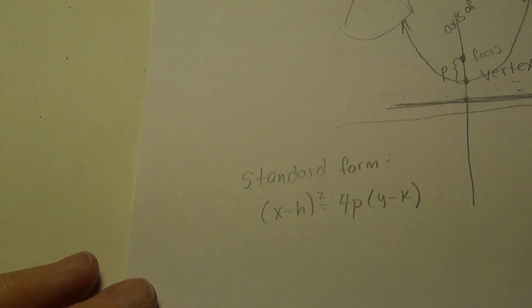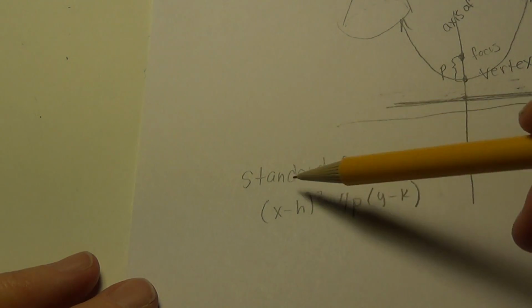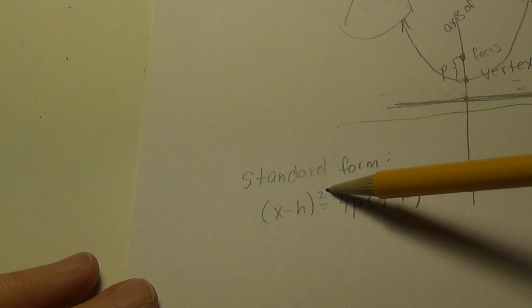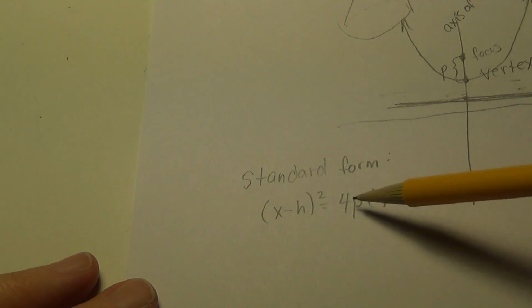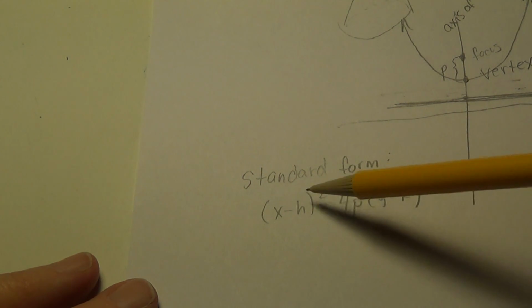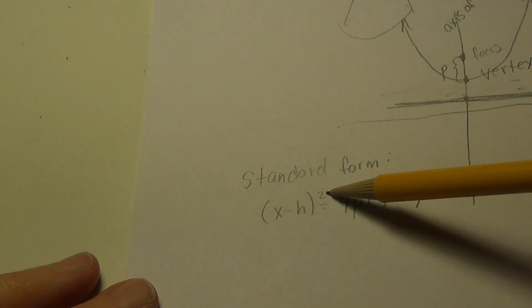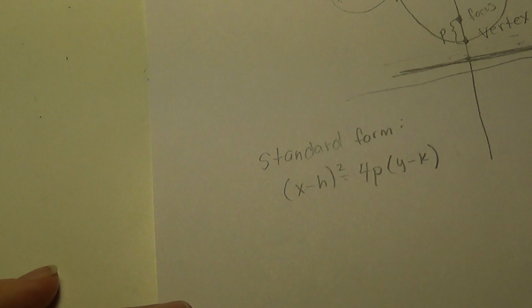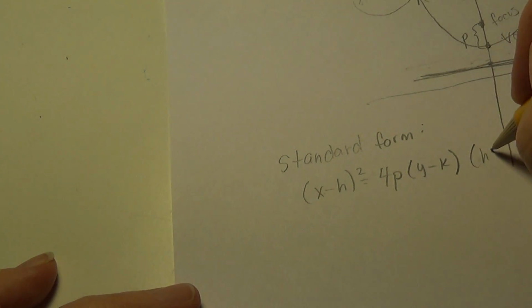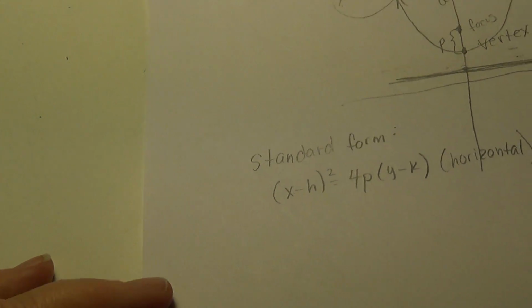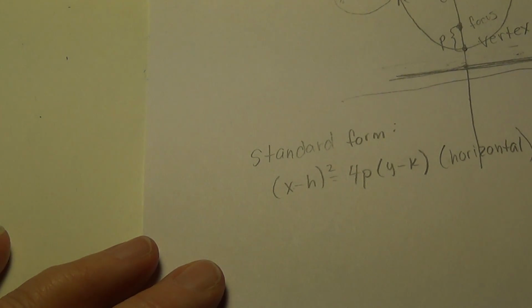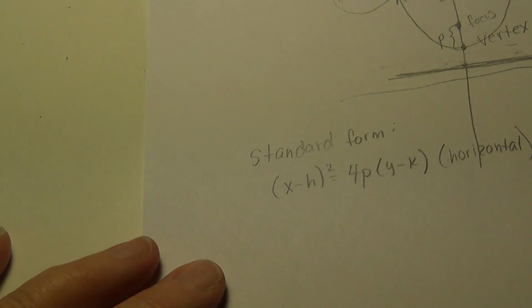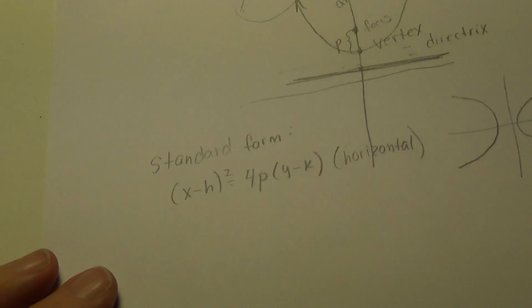That's one way to have standard form. When x is in the squared term, notice y is not. Y is a linear term. When x is in the squared term, that means it's a parabola that is horizontal. So a horizontal parabola will open left and right, like that.